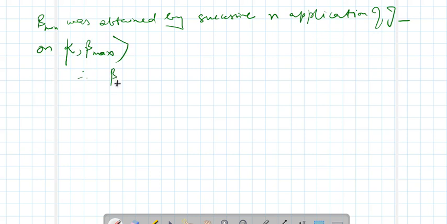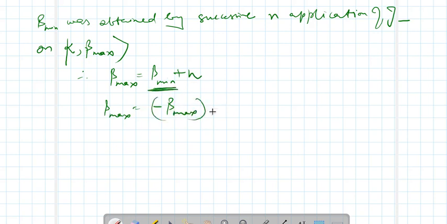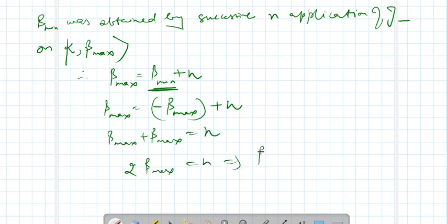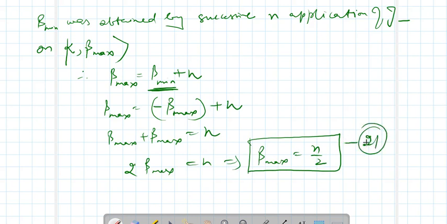Therefore, beta max can be written as beta minimum plus n, but beta max is equal to negative of beta min. I substituted its value plus n, and this is beta max plus beta max is equal to n. So twice of beta max is equal to n. So that means beta max is equal to n by 2. And let me call it equation number 21.